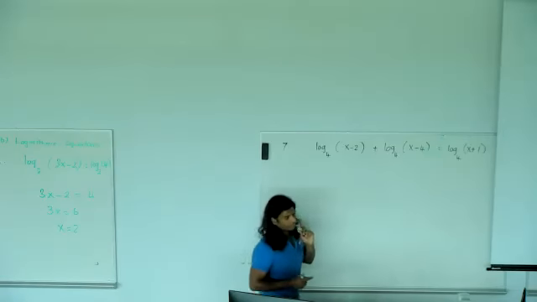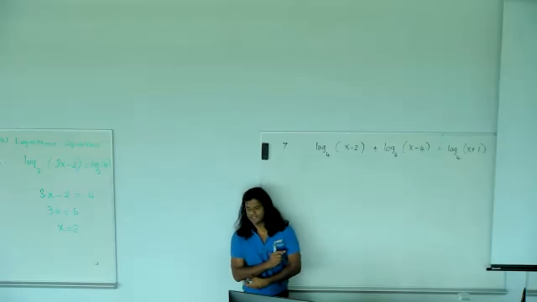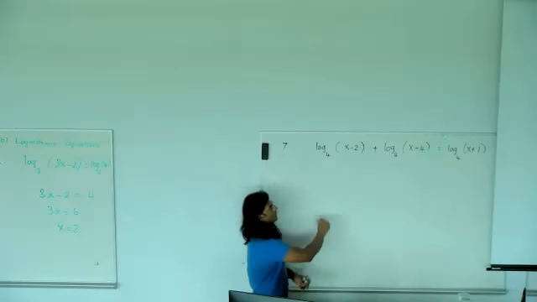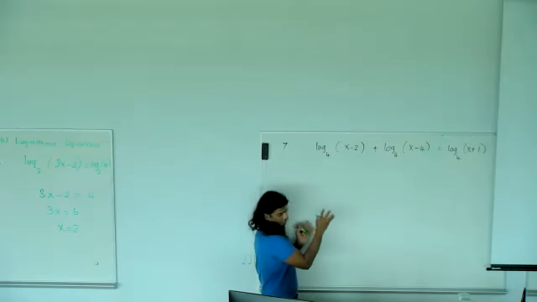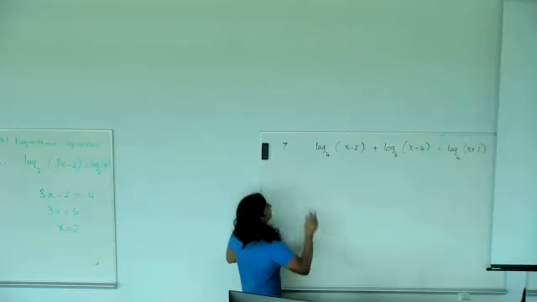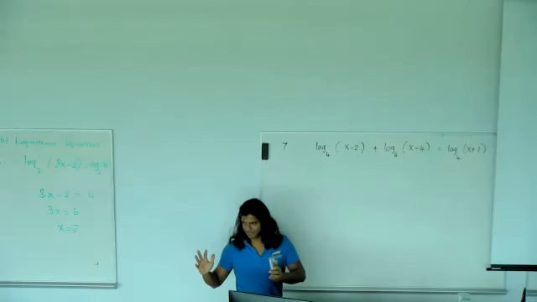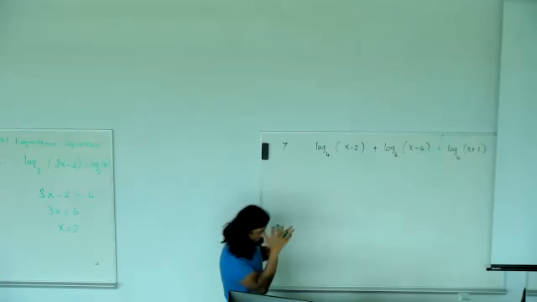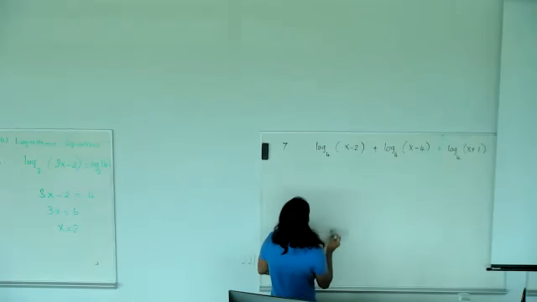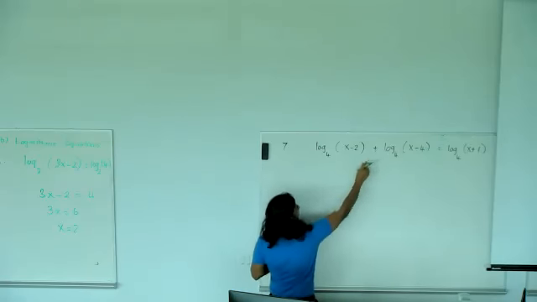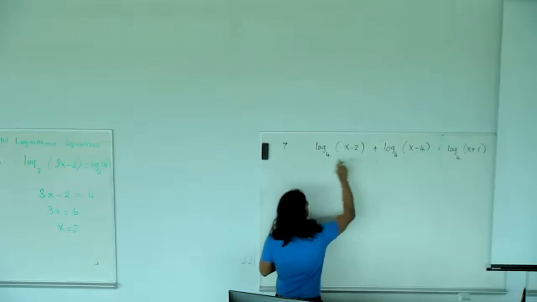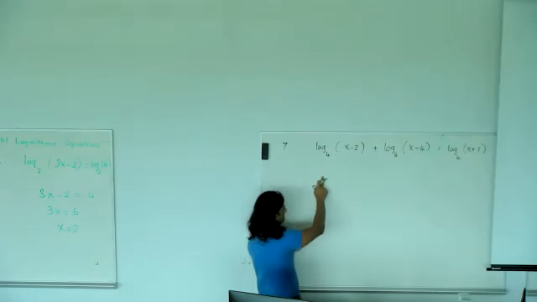Okay, so very first step: you can't simply exponentiate with base 4 on both sides because we don't have a log by itself. So we have to use the properties of logarithms to combine them into a single logarithmic function. I see, of course, the bases are identical, which is key. Otherwise, this would be painful.